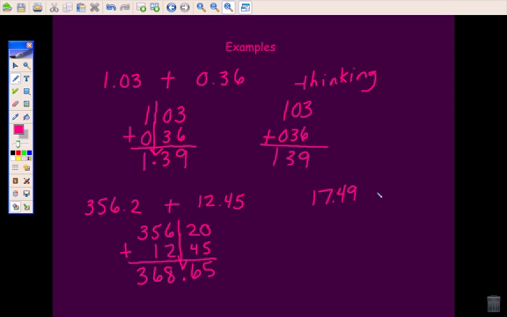17 and 49 hundredths plus 9 and 8 tenths. Step 1, line up your decimals. Okay, remember we're going to use the 0 just to hold place because it's going to save us a lot of heartache in subtraction. Then we drop down our decimal, okay, and add like normal.